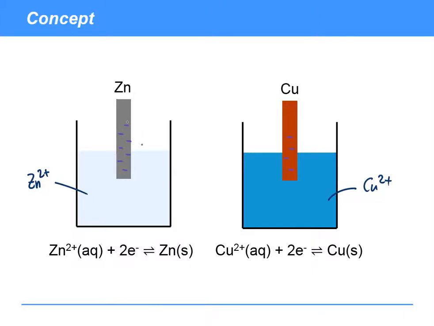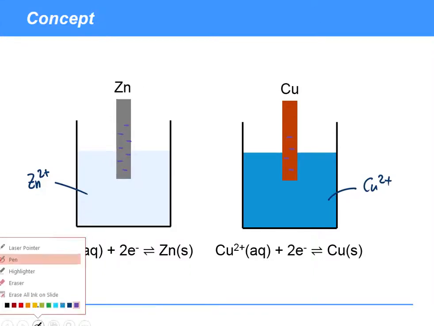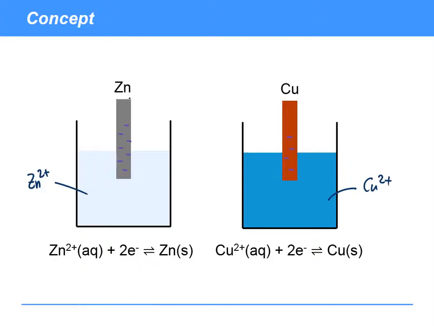So there are more electrons here in the same space, and so they will tend to repel each other, and if we put a conductor in between these two, so some kind of wire, then there'll be a tendency for electrons to start to move, and they're going to move from where there are more of them to where there are fewer of them. So the electrons are going to start to move around this wire.